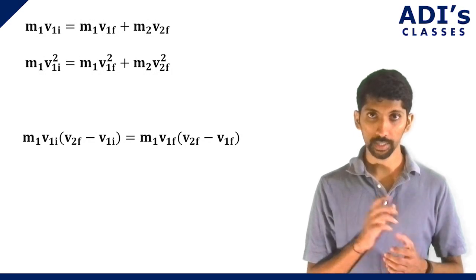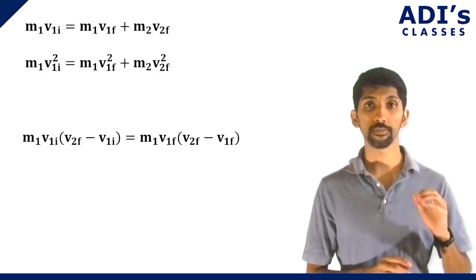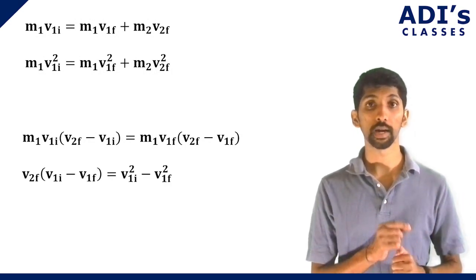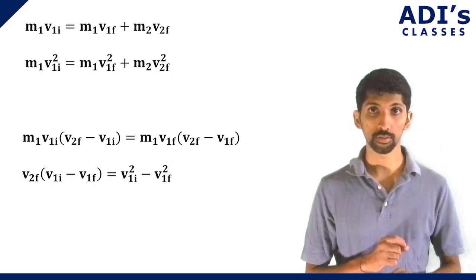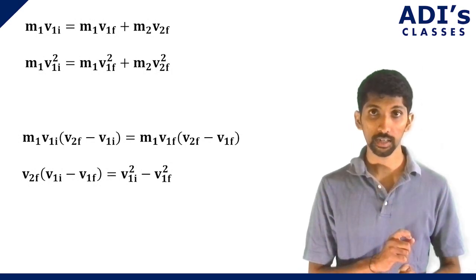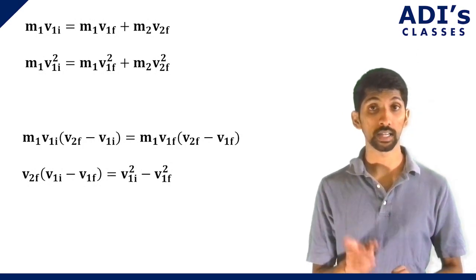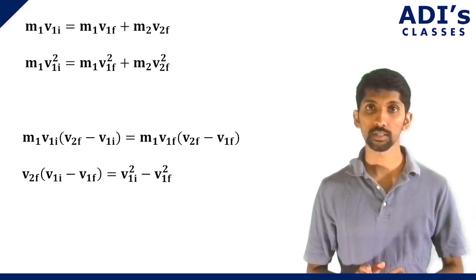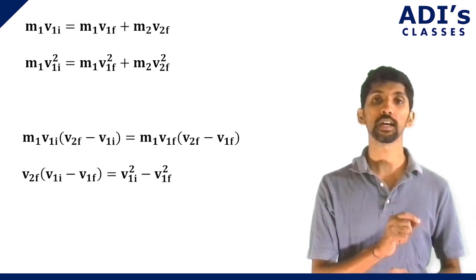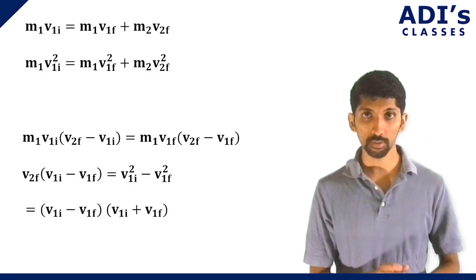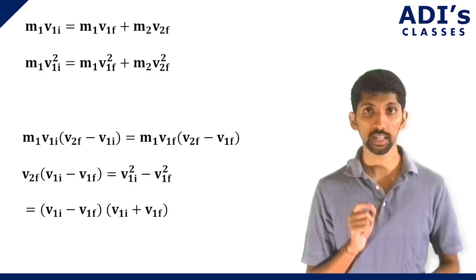Or we can also say v2f into v1i minus v1f is equal to v1i square minus v1f square. Now the RHS part is a square minus b square, so we have v1i minus v1f into v1i plus v1f.